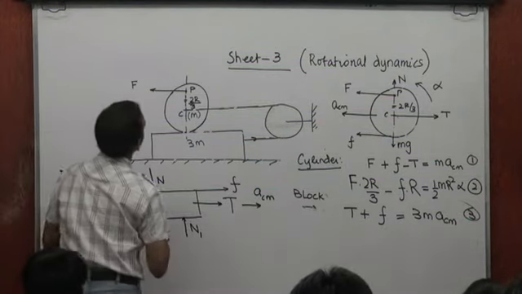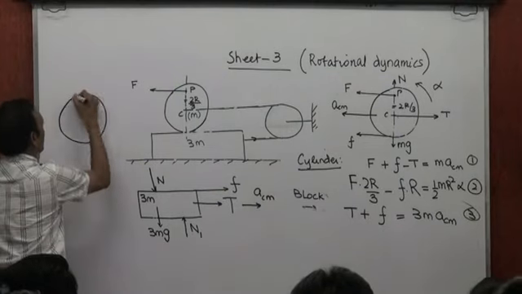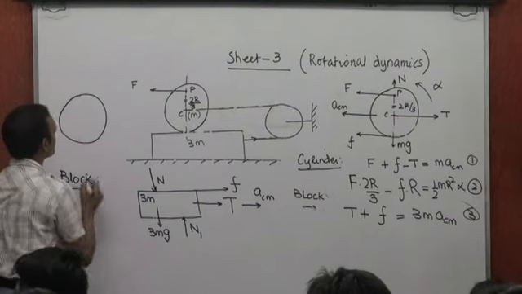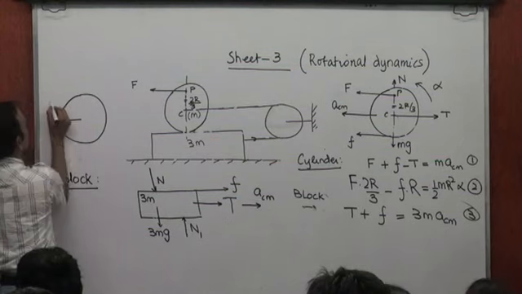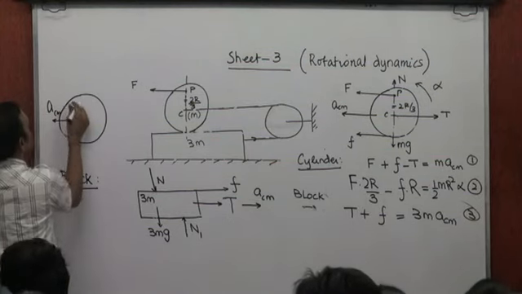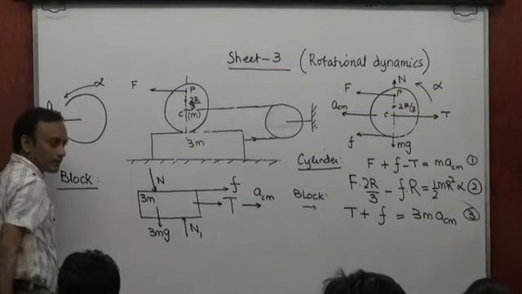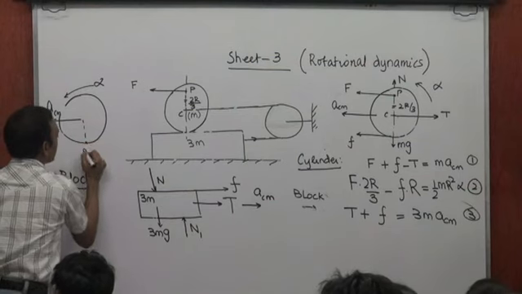Now, look, as far as the cylinder is concerned, we have chosen ACM as the acceleration of the center of mass of the cylinder to the left, and we have chosen alpha this way. Right? Now, observe the point of contact. This is the point of contact.